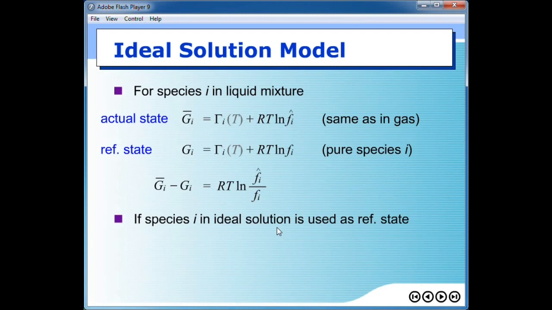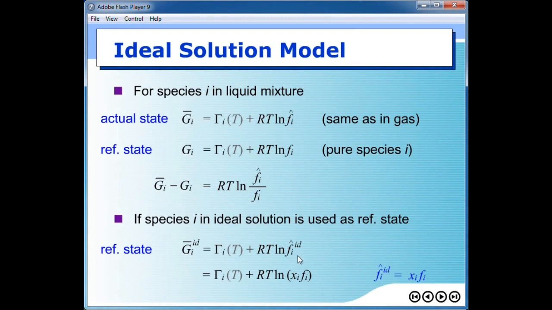So in order to make things similar, the reference state is supposed to be changed to ideal solution. So if I take ideal solution as the reference state in this manner, then the reference state will be changed from this equation written for pure species to this equation written for ideal solution. And then applying the Lewis-Randall rule, the fugacity in ideal solution can be written as x_i times f_i, according to this relationship.